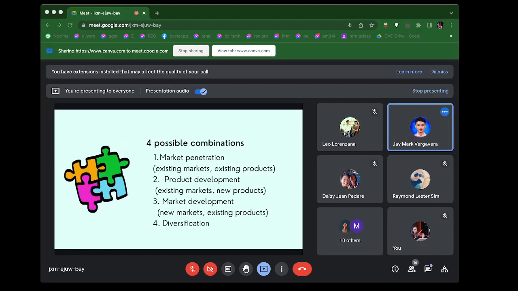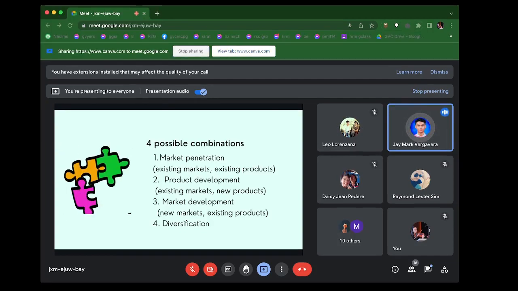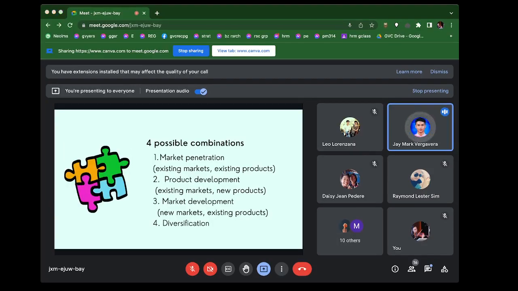So the four combinations are market penetration or existing markets, existing products, product development or existing markets, new products, market development or new markets, and existing products. And lastly, diversification. So what is market penetration or existing markets and existing products?